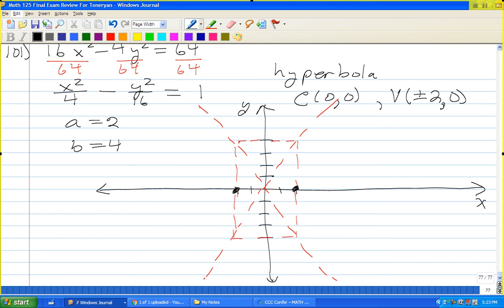And the hyperbola looks something like this. Trying to draw it as best I can. That actually doesn't look too horrible. Not great, but it's the best I can do with being on a tablet. Okay, so that's my hyperbola.